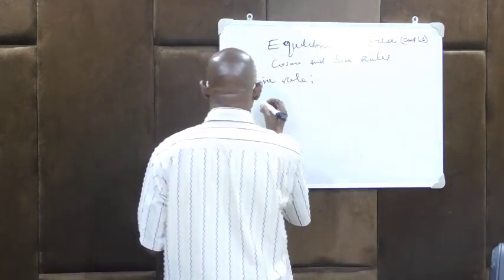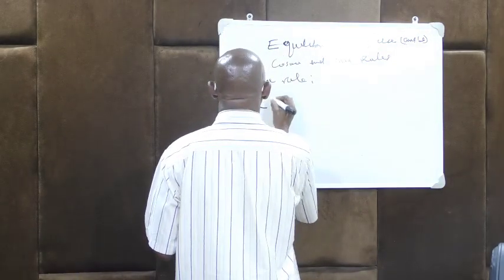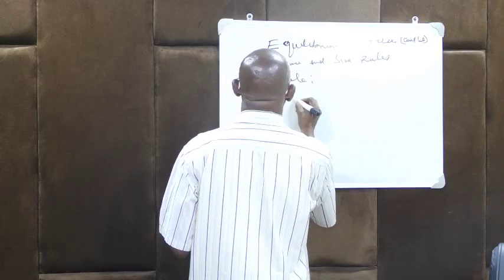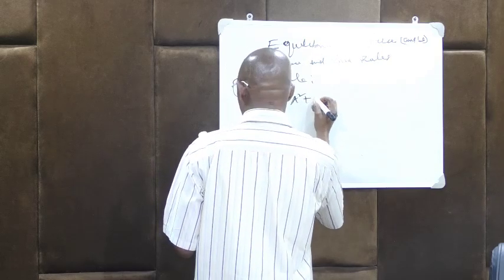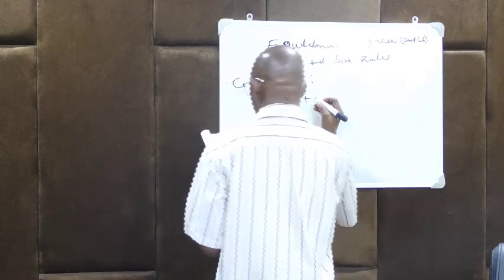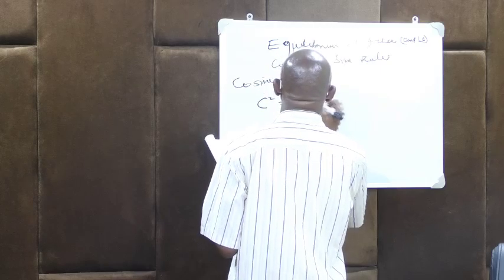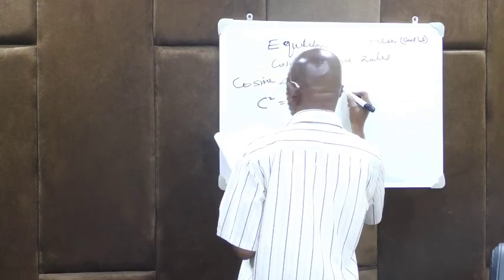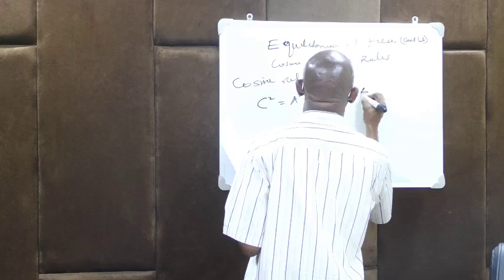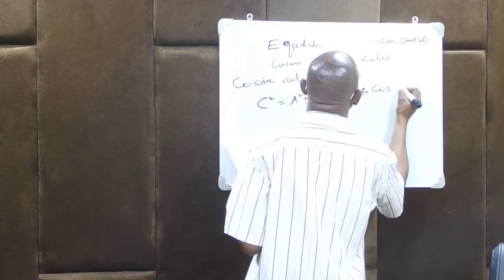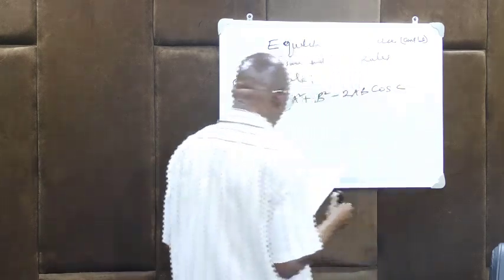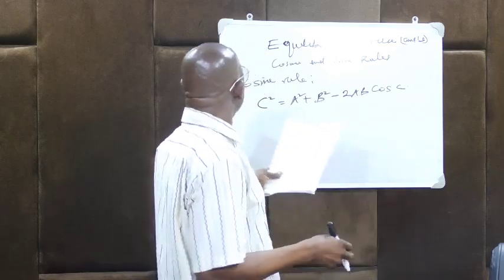The cosine rule mathematically can be stated as C squared equals A squared plus B squared minus 2AB cos C, the cos of the angle C.